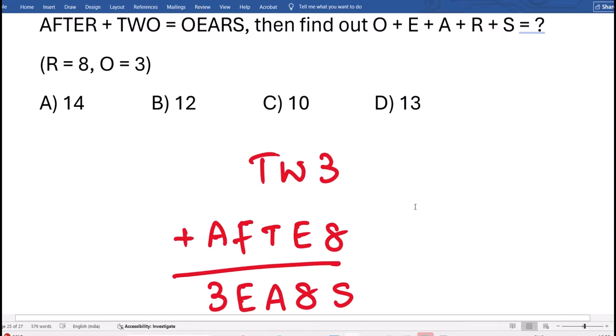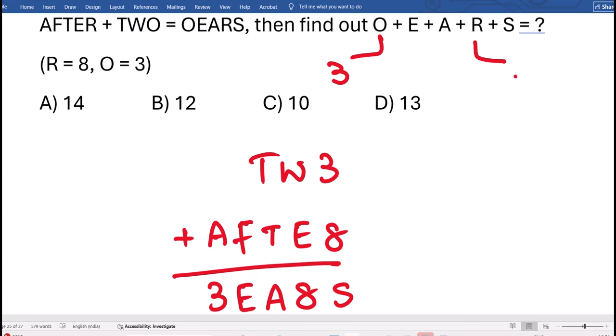After plus 2, O value is already given. R value already given. S is 1, you can understand that.